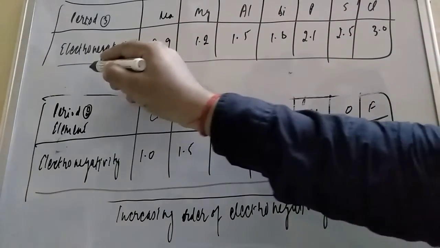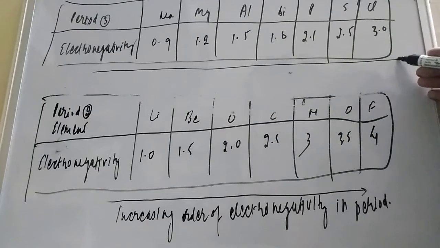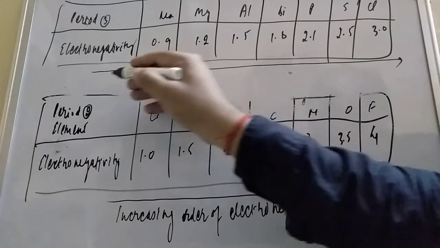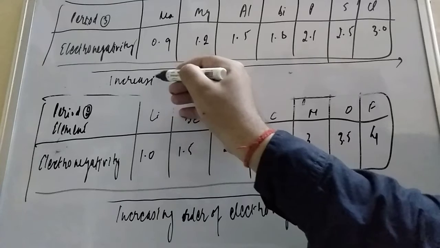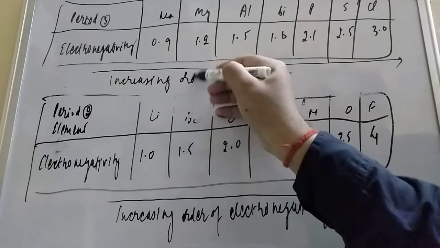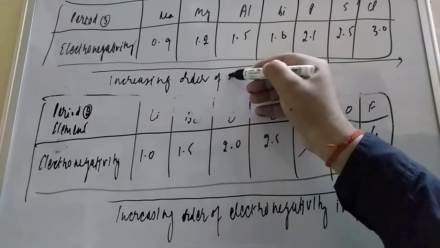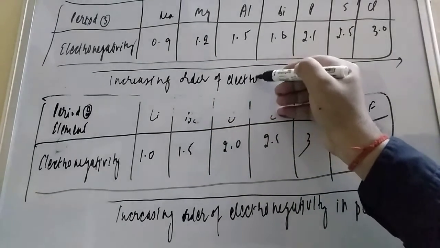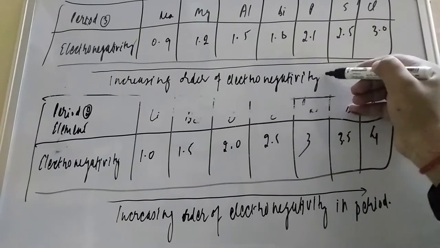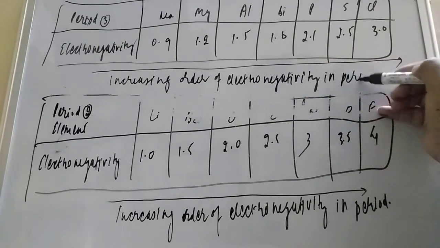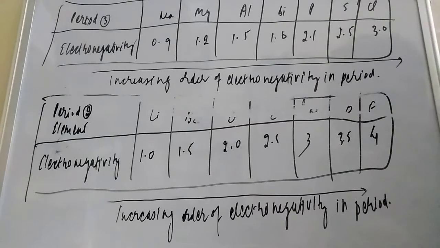It means there is an increasing order of electronegativity in the period. This keeps on increasing.